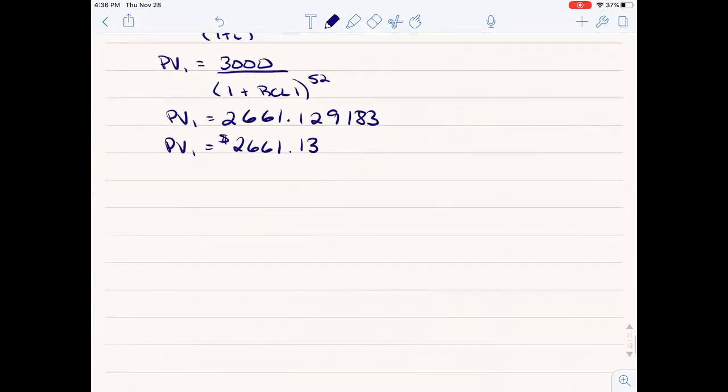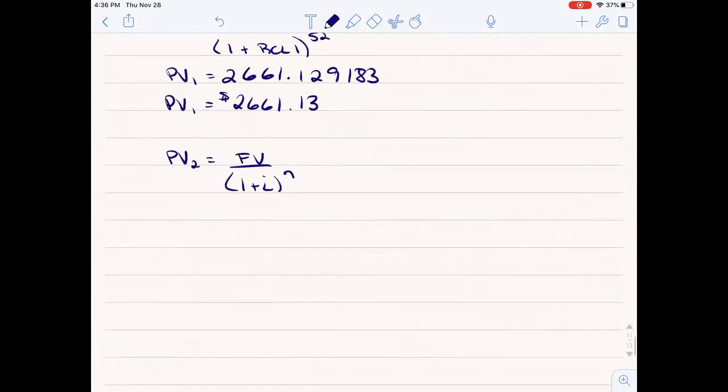Now we do the same thing for PB2. PB2 is the future value over 1 plus i to the power of n.